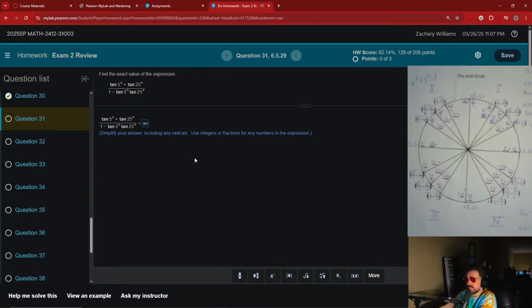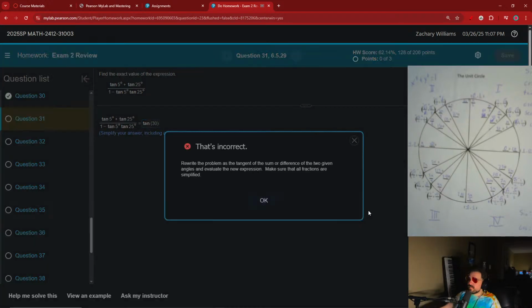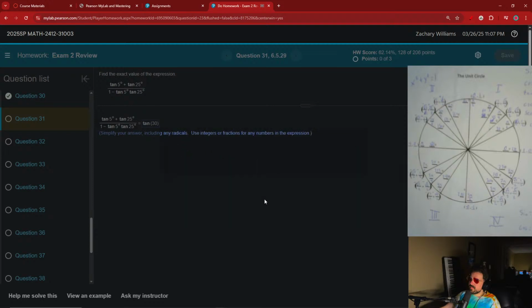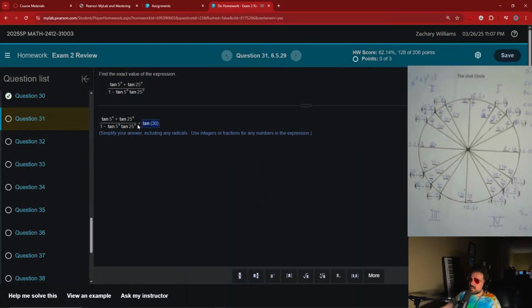This is just tan 30, right? Oh. It's square root of 3 over 3.